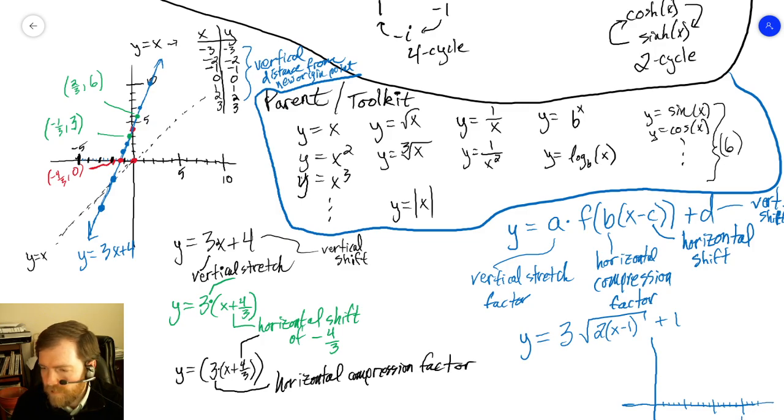All right, so this is going to be 15 here, 10, 5. 1, 2, oh no, wait. Because we're horizontally compressing our x values and vertically stretching our y values, you probably want to.